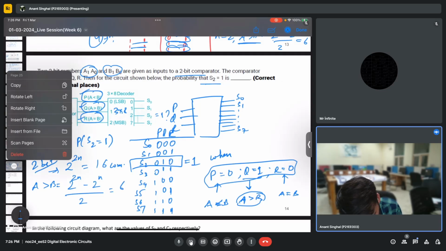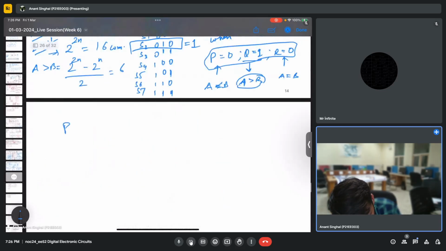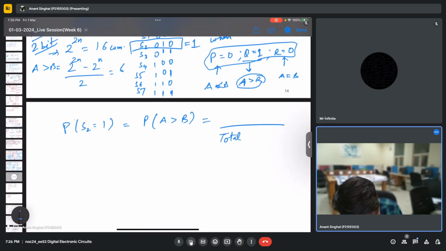So the probability of S2 being 1 is equal to the probability of A greater than B, that is the combinations when A is greater than B divided by the total combinations possible.